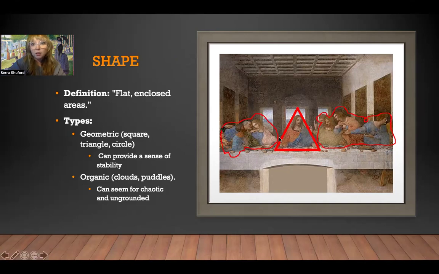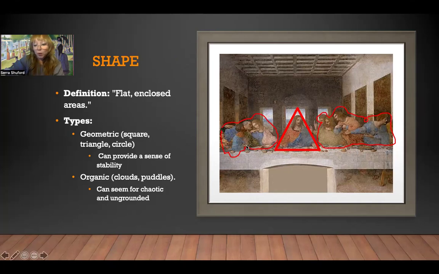But then in the center here, right directly in the middle, is this triangle that Jesus creates. And you kind of have to look past what is just right in front of you, use your active seeing to find these shapes, but you can tell the 3 points, the head, the hand, and the hand all create this very stable triangle figure that's unlike the two shapes on the left and the right that those figures create.